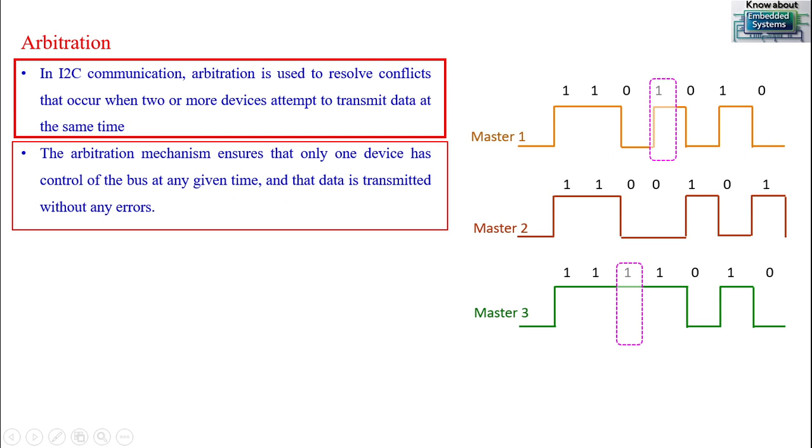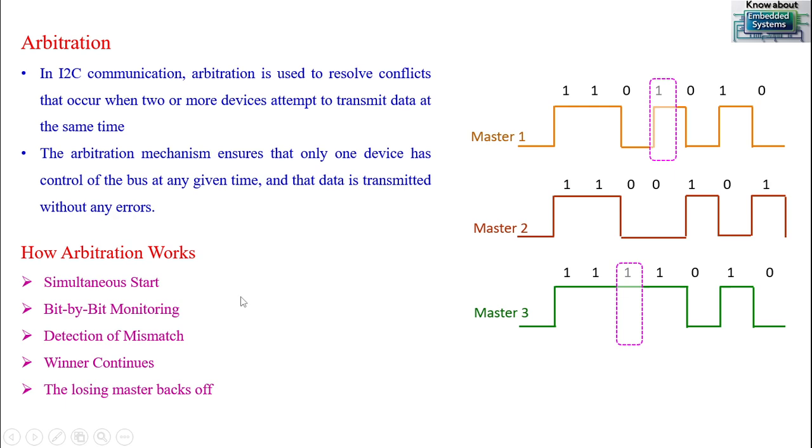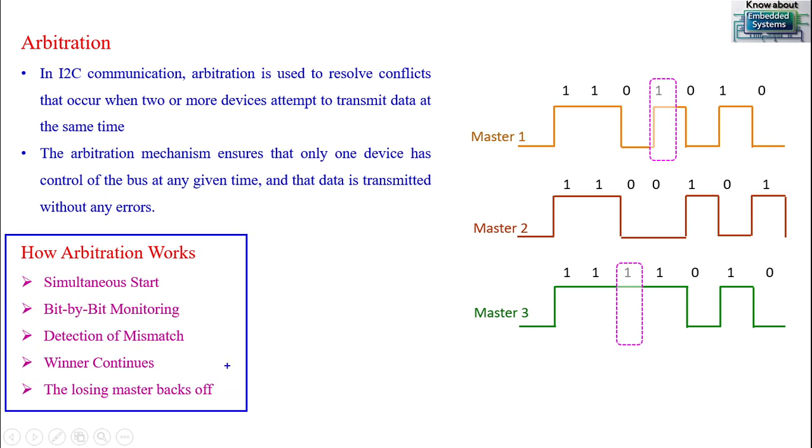So let us understand the process with one example. Try to understand how arbitration works in I2C. Arbitration comes into the picture only when we start communication from multiple devices, that is, whenever you generate simultaneous start conditions from different masters.